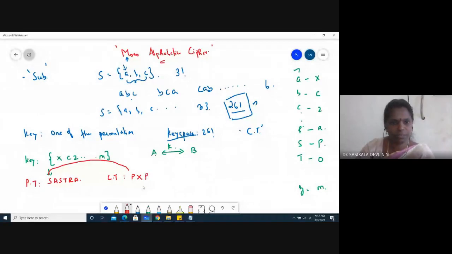T is replaced by O, R is replaced by A, and A is replaced by X.